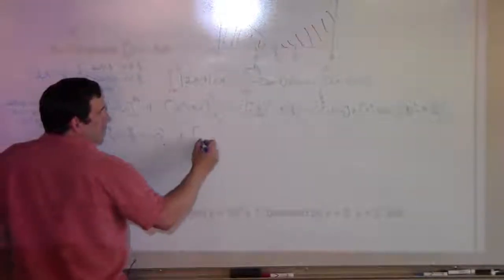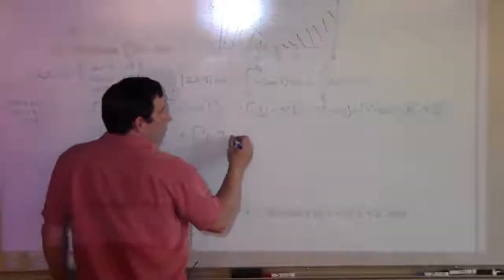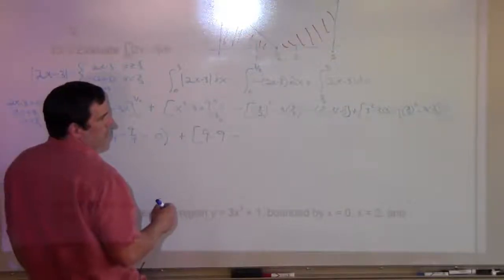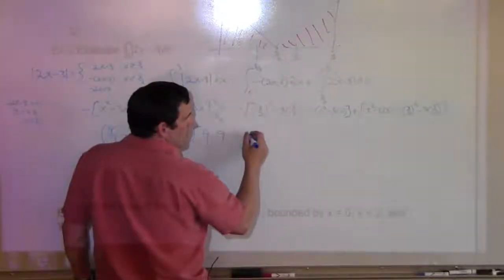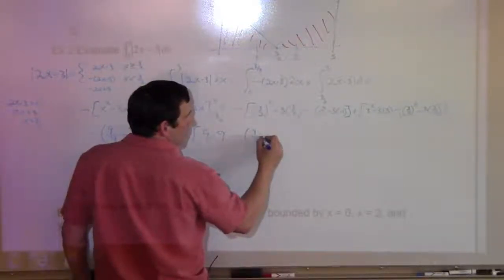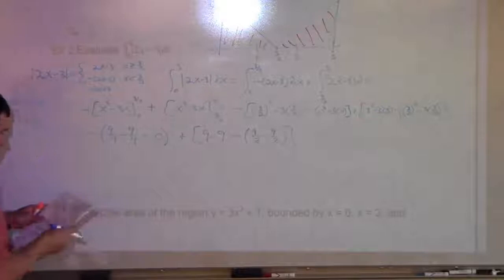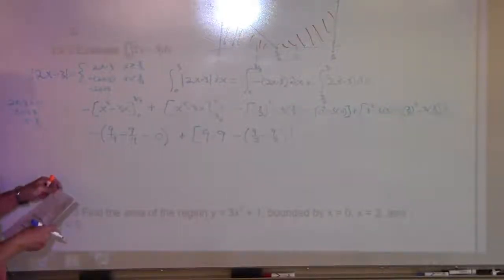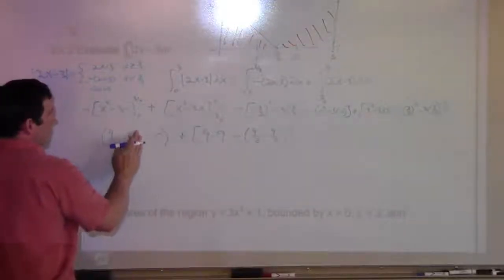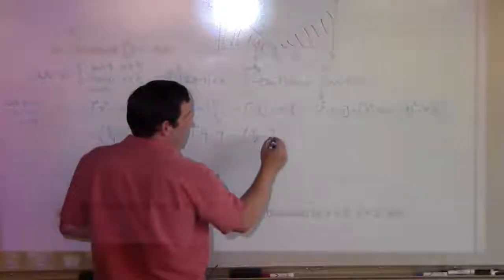Then we have plus, we have 3 squared is 9, minus 3 times 3 is 9, minus what's next? We have a 9 halves minus 9 halves. Oh, there's the mistake. 3 times 3 halves is 9 halves. 3 halves squared is 9 fourths. So 9 halves minus 9 fourths.